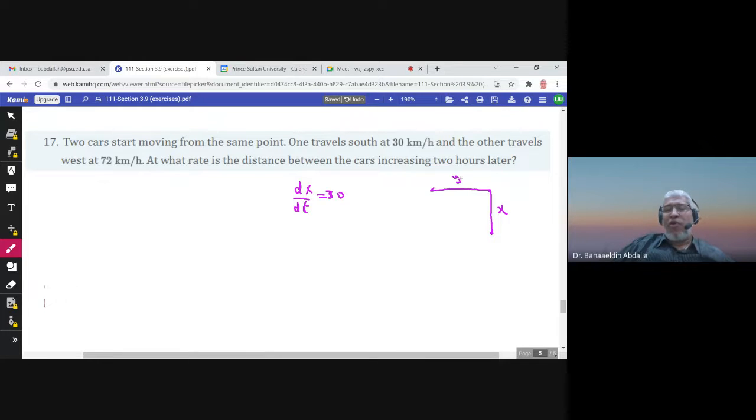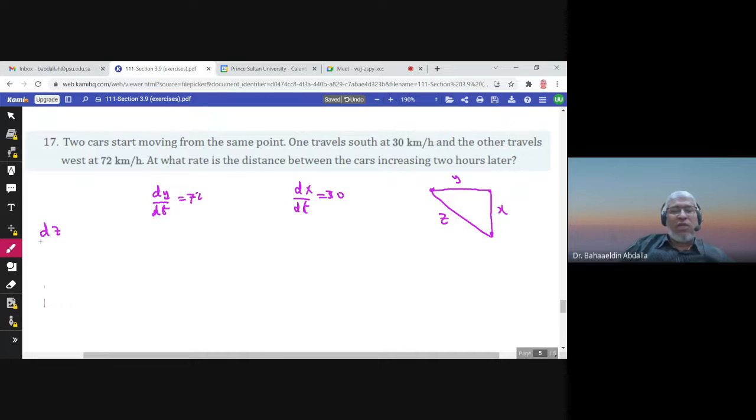And if we call the distance traveled by the other car y, then we have dy by dt equals 72 kilometers per hour. The question, at what rate is the distance between the cars? Now this is the distance between the cars if we call it z. So at what rate the z is changing?